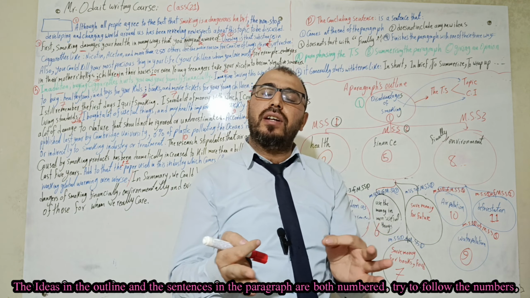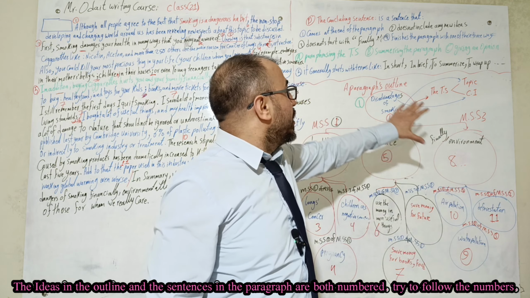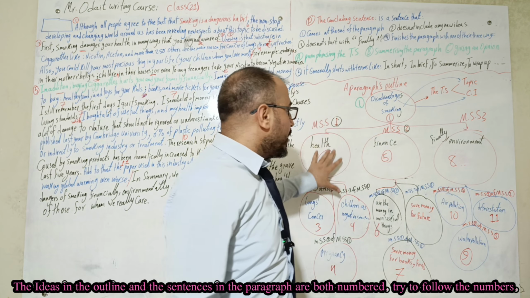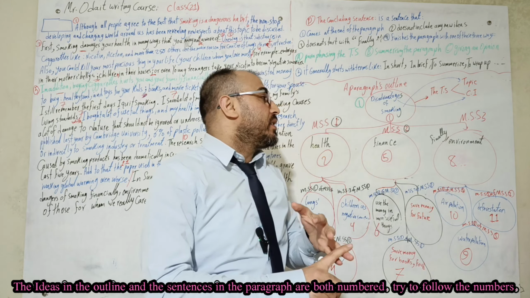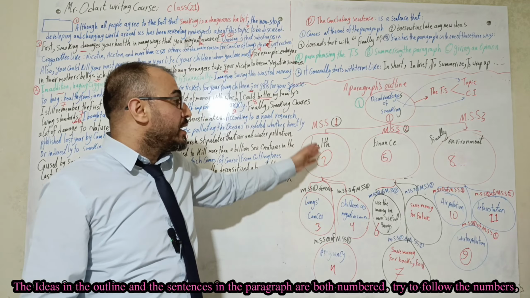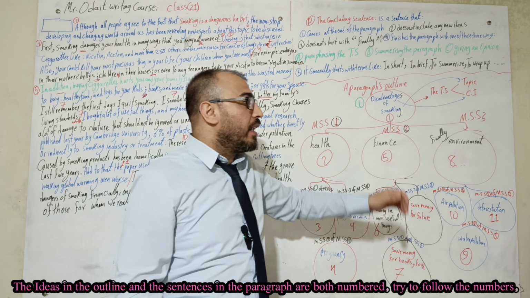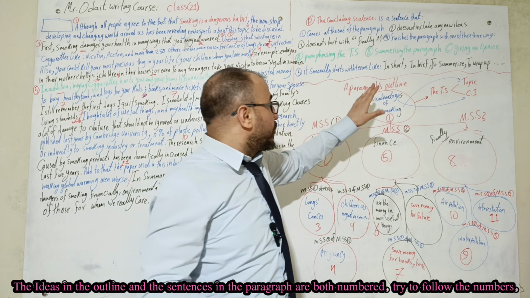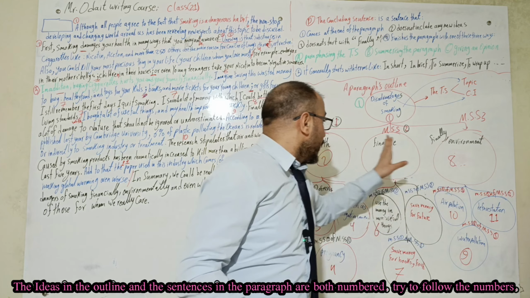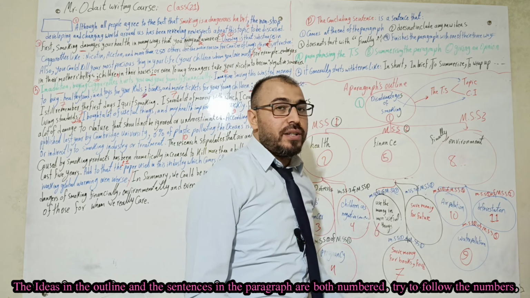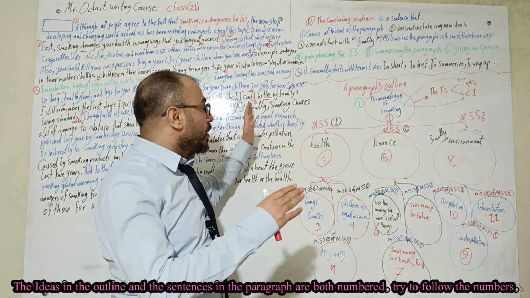The best way, my friends, to get rid of this problem is using the outline, because the outline helps you to organize your ideas and know what to write about before you start writing, and also helps you generate ideas and distribute them equally on these points.